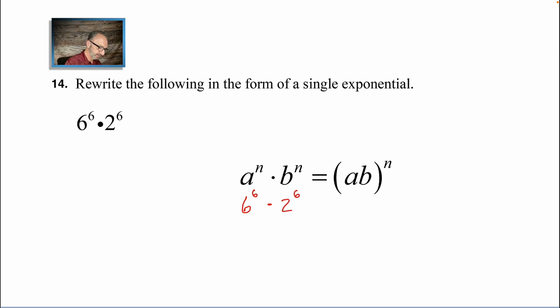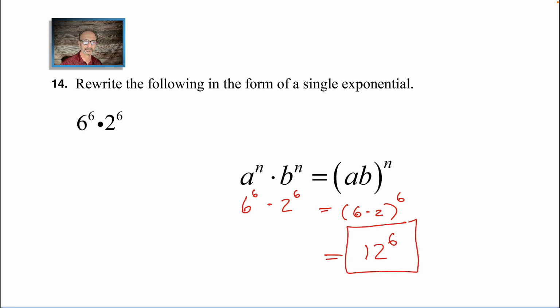So notice that n is the same, so we're going to keep it up there. Equals, my A is 6, my B is 2, and my n is 6. So the answer is 12 to the power 6, and we are done. That's it. That's a quick one.